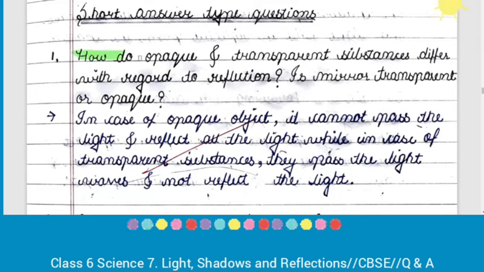First question. How do opaque and transparent substances differ with regard to reflection? Is a mirror transparent or opaque? Answer. In case of opaque objects, they cannot pass the light and reflect all the light, while in case of transparent substances, they pass the light waves and do not reflect the light.